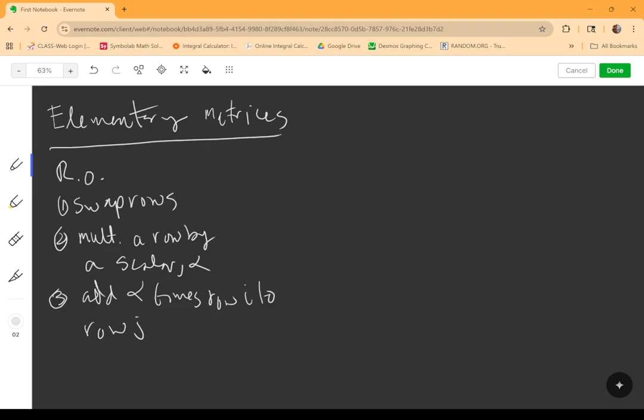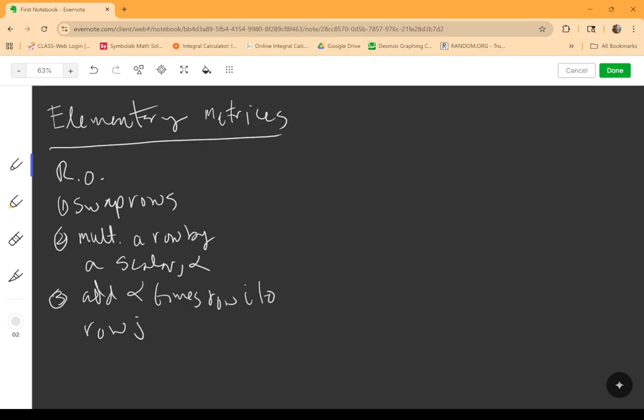Now our elementary matrices are set to write the row operations as matrix multiplication. So we can represent swapping rows by multiplying a matrix. The idea behind this is that this will help us work with determinants, since the determinant is an operation on matrices.